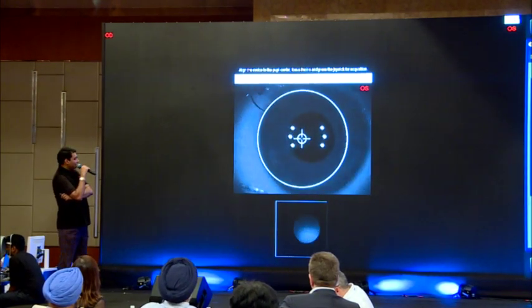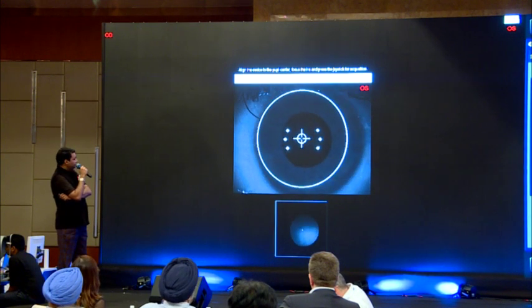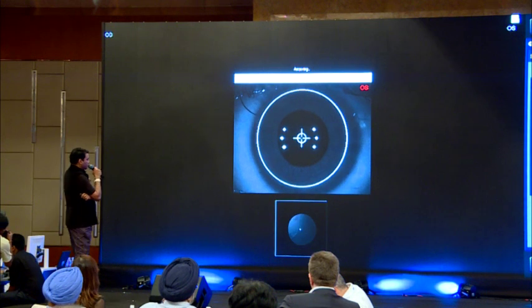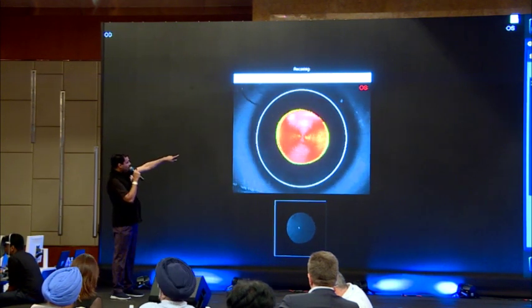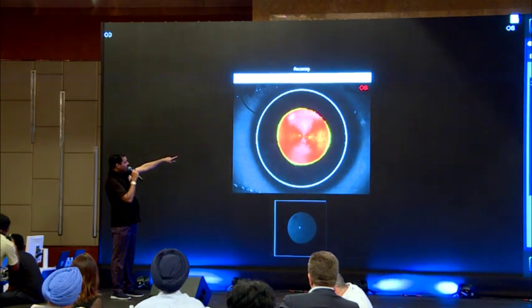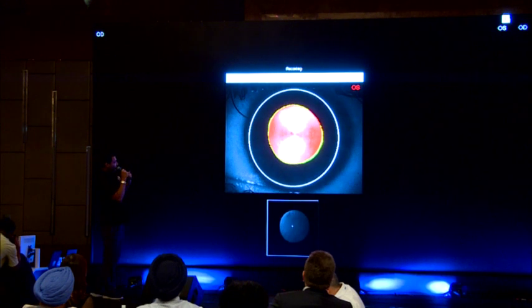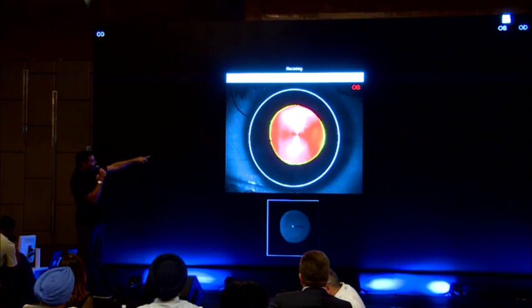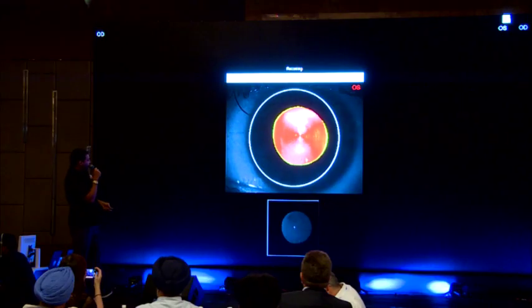I've used this machine sparingly, but it's an interesting machine because it gives you a real-time aberrometry of the patient. This is accommodation happening in real time, and just see, at some point of time he's pseudo-accommodating already. At some point you can see a bow tie kind of coming. That's because the lens is accommodating for the corneal astigmatism there.